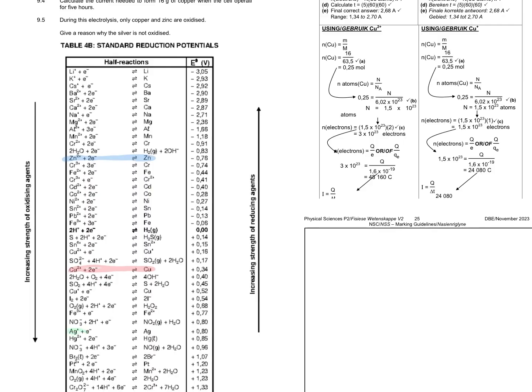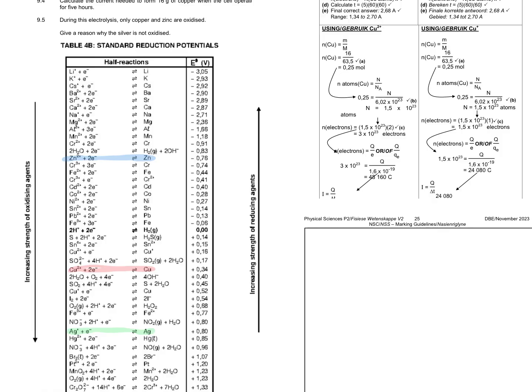So here's silver. Now the question says, give a reason why silver is not oxidized. All you need to say is, like with the previous one, you either argue on the left-hand side or on the right-hand side. Because they're asking why silver is not oxidized, they're asking about solid silver, I would suggest you do the right-hand side argument.